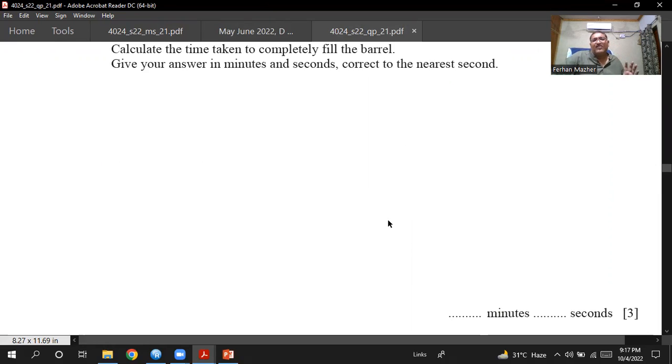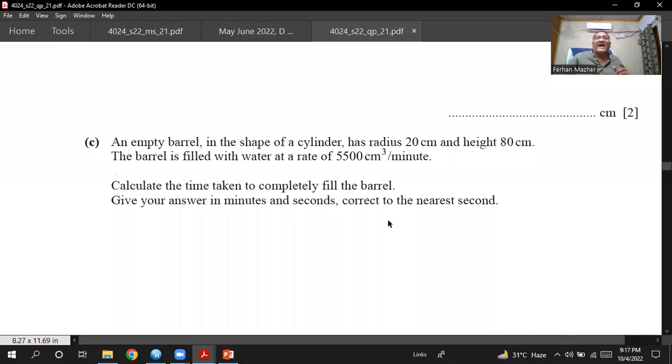So the methodology is very simple. The strategy is to find the volume of that barrel. It's in the shape of a cylinder. The formula for the volume of a cylinder is pi r square h. Just put in these values. You have the radius, that's 20 centimeter. You know the height of that cylinder, that's 80 centimeter.